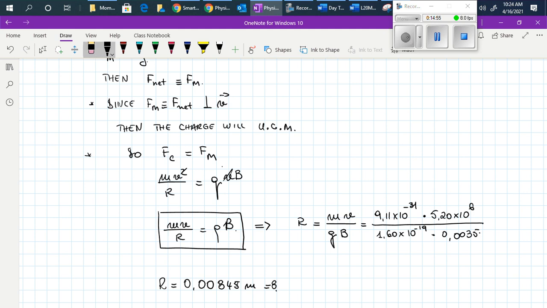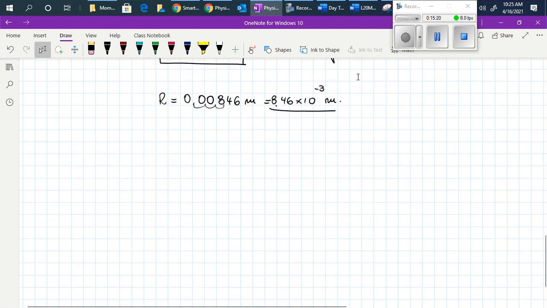It is 46. 8.46 times 10 to the power of -3 meters. So the radius of the electron entering into that particular magnetic field is 8.46 times 10 to the power of -3 meters. Okay, I hope that this makes sense.